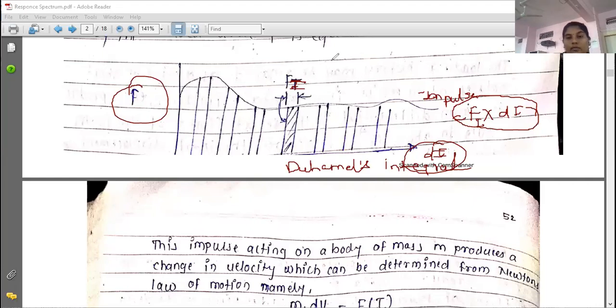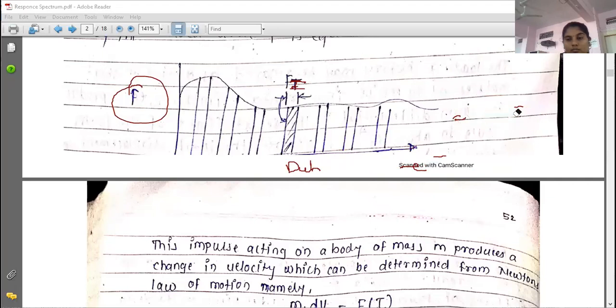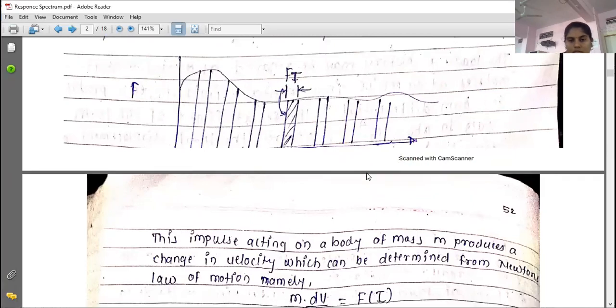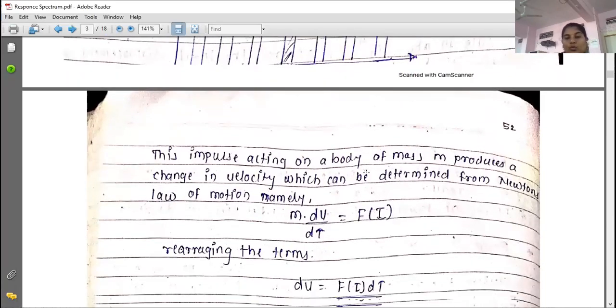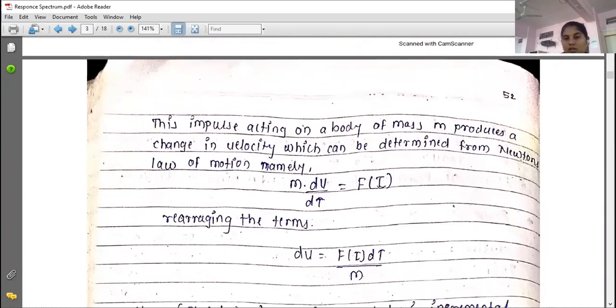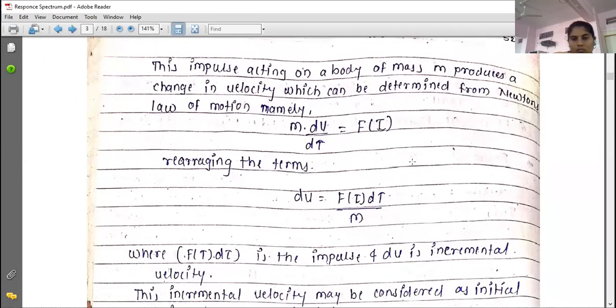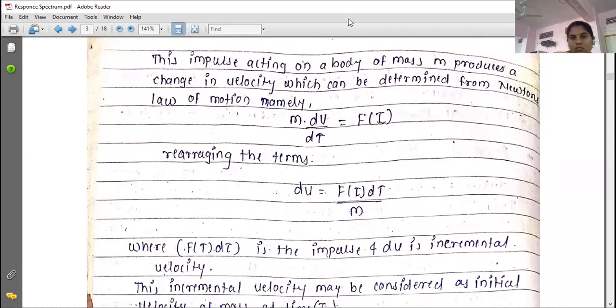Okay, so now we'll move towards the next point. Already we know what the impulse is.